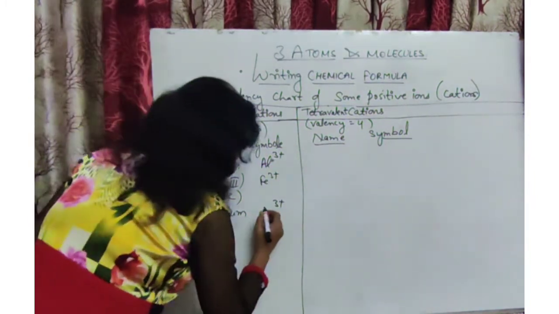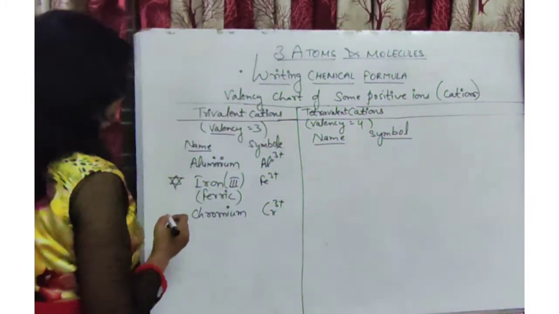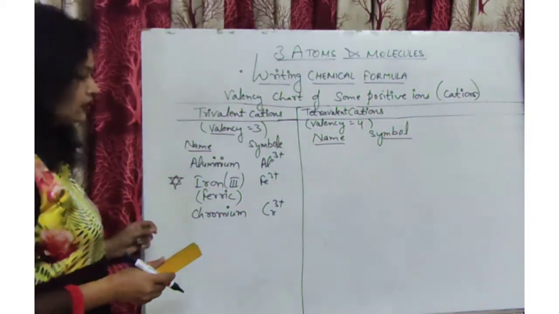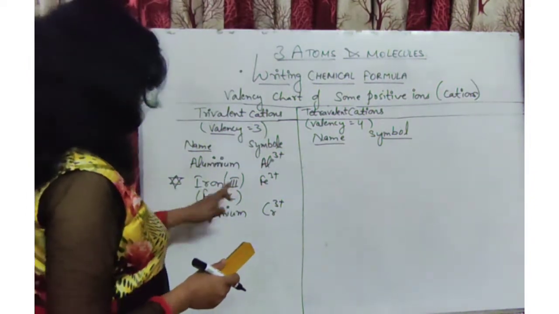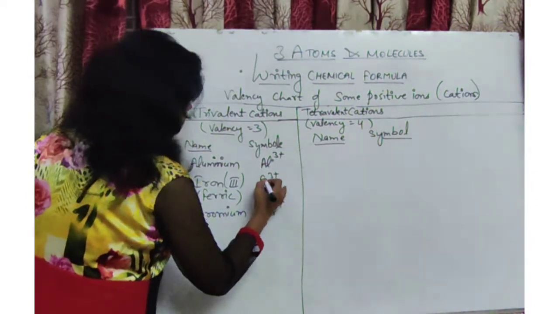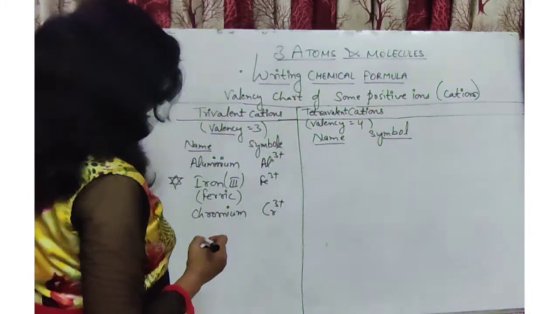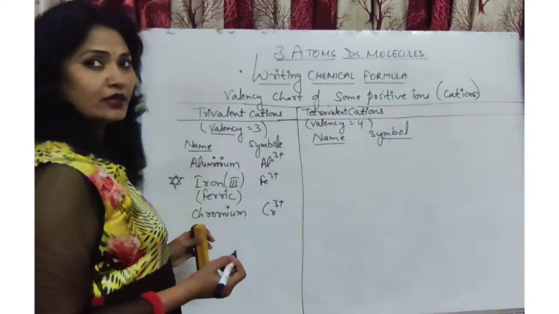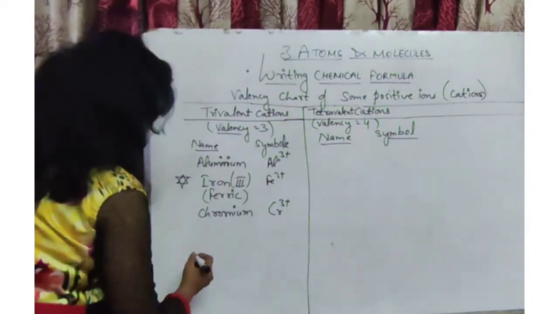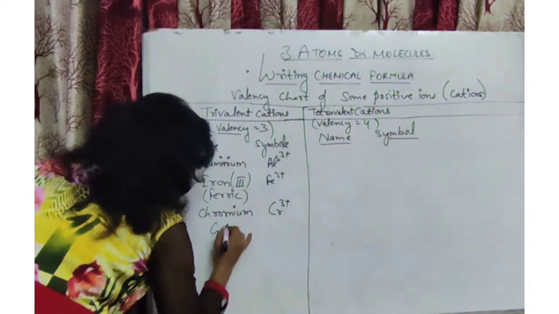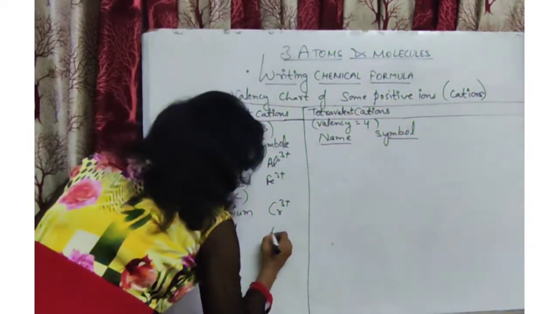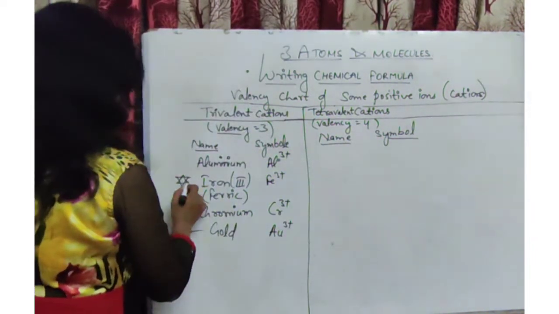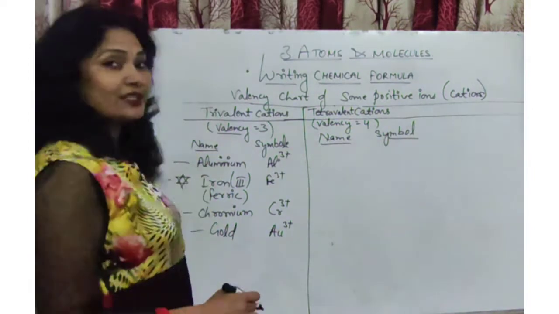C is capital and r is small. So one more element is here, that aluminium, iron, chromium, and one more element will be there, that is gold. So gold has also 3 valency. Okay, so these are the elements whose valency is 3.